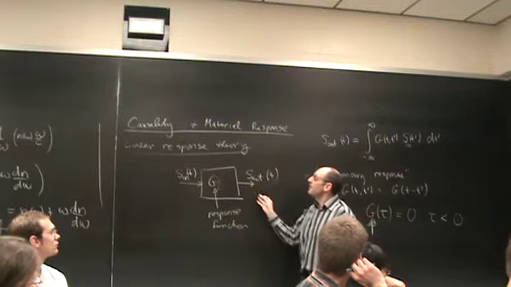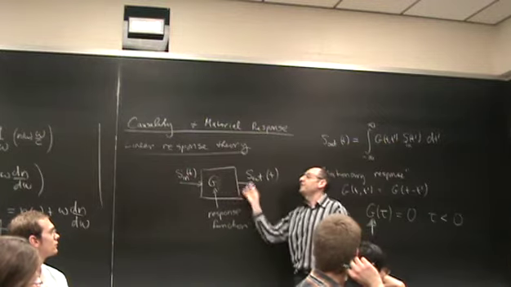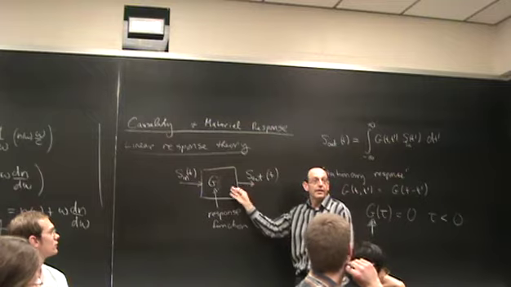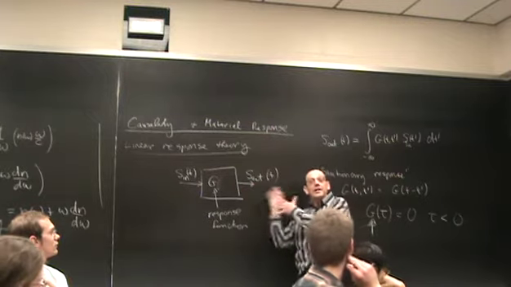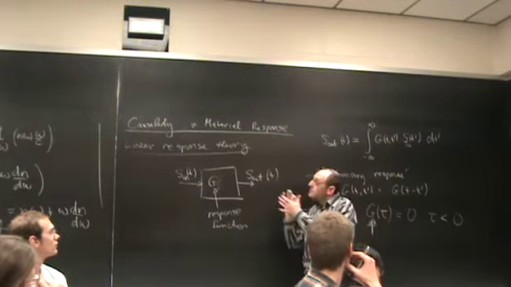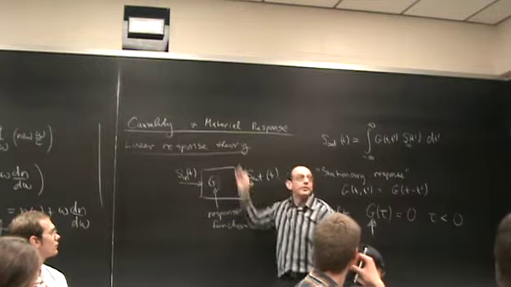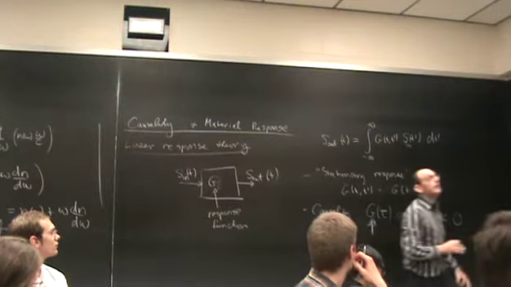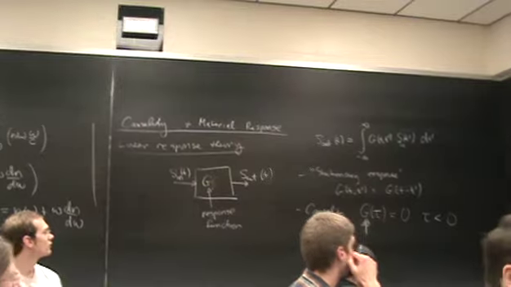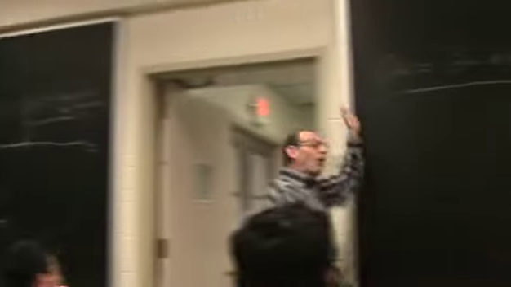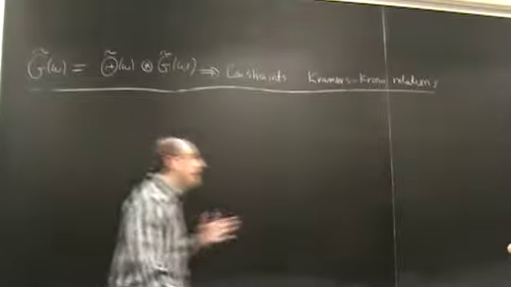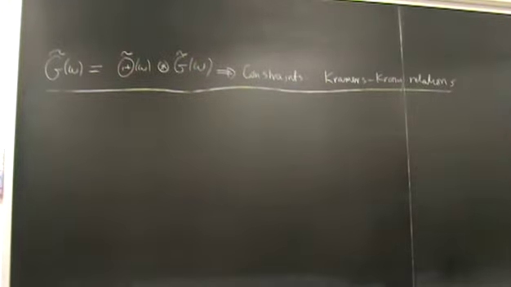It will tell me something about what the bound states are, for example. So this is not just about electromagnetism. It's about whenever I have linear response, and it's an extremely important tool that we use all the time in many different fields of physics.